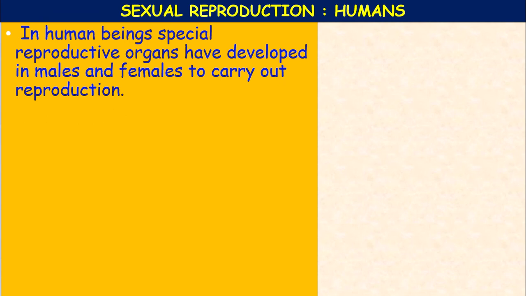Okay, so why the need of sexual reproduction? There is a fusion of gametes from both the parents, so the zygote formed possesses the characters of both parents. This also helps to bring variations, meaning changes, among the new individuals.